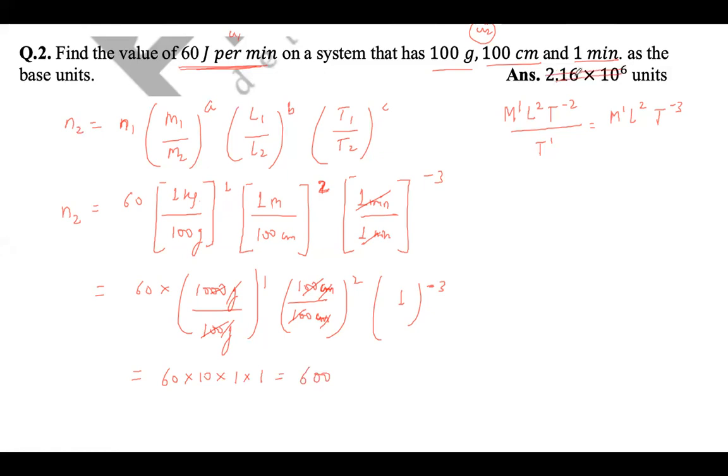This is wrongly written. This will be the answer. 600 will be the answer. 600 units. Is it clear? Clear है सभी को?